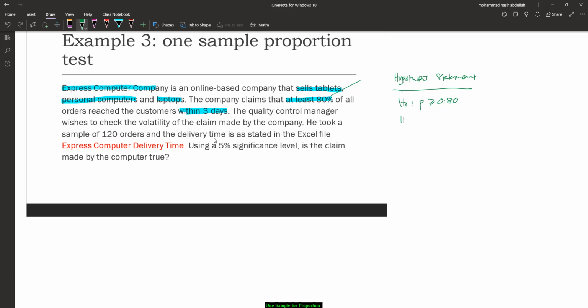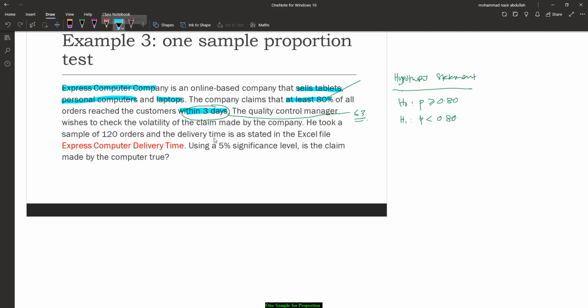The alternative hypothesis, if we are claiming that the order will be fulfilled more than 80% in 3 days, will be P is less than 0.80. Within 3 days means that the order reaches the customer in less than or equal to 3 days.